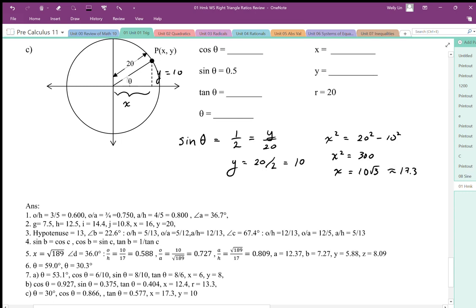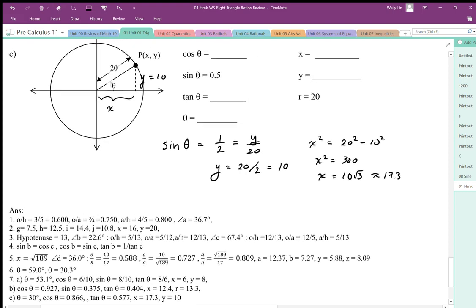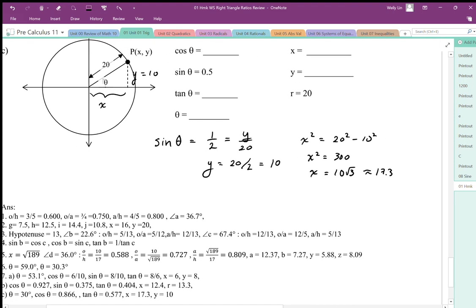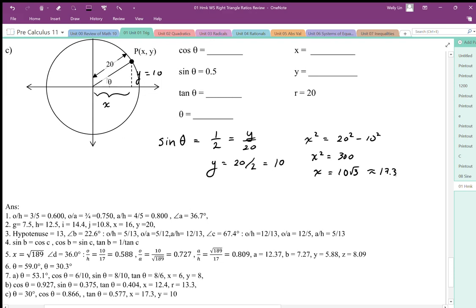And that's about right. So my hypotenuse is 20, the horizontal length is 17.3, and the vertical length is 10. So then what I'm left to find are my ratios and my angle. So I'm going to find the cosine ratio, and I'm going to write this as 10 root 3.